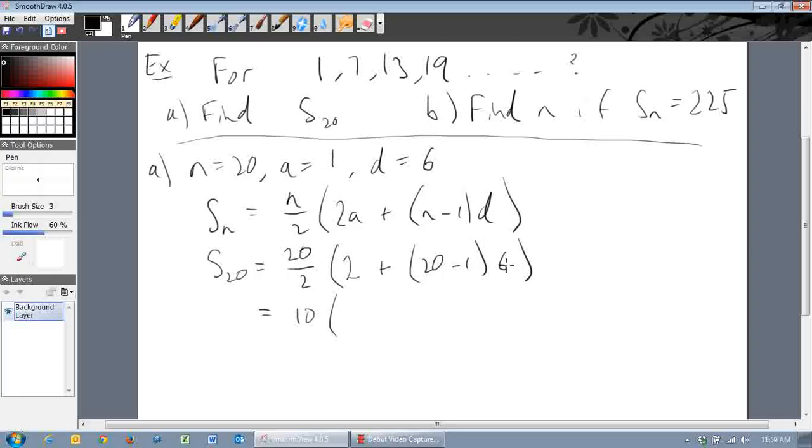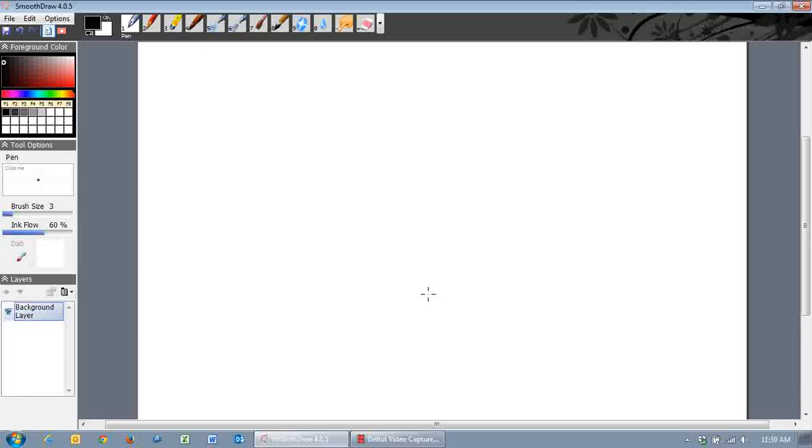Well, 20 times 6 is 120 minus 6 is 114, plus 2 is 116. So 1160. That didn't turn out too bad. That's the sum of the first 20 terms. Nice and easy. Beautiful. The next part, I'll go to the next page, I think. Will I remember it? I will. Okay, so part B.